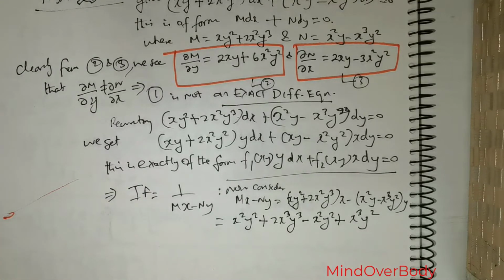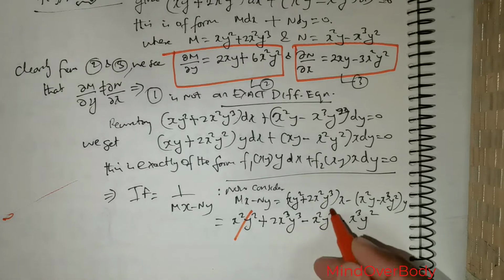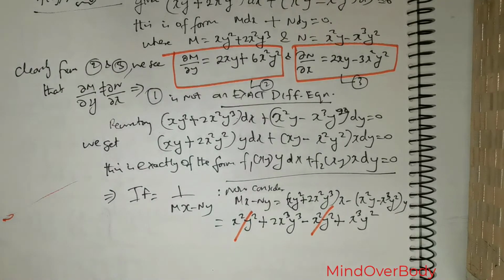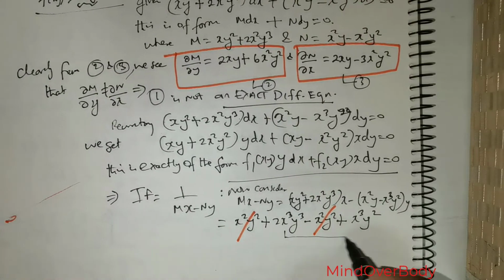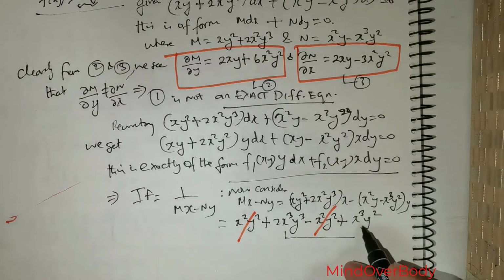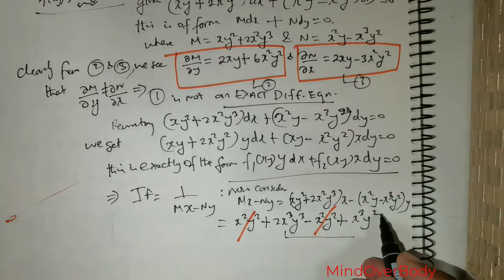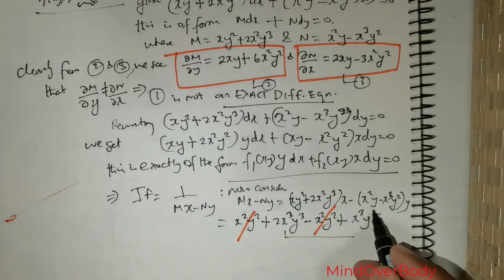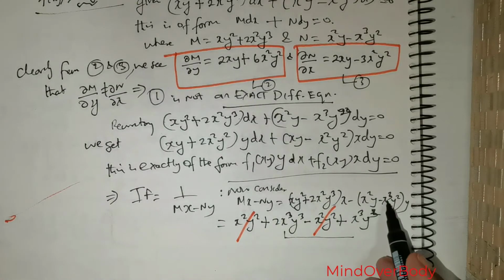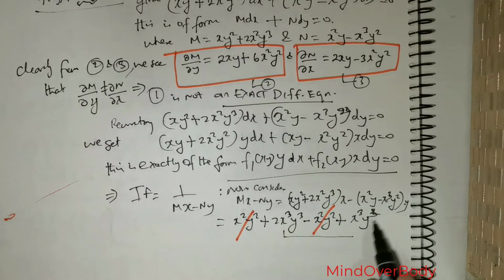Is there anything we can cancel? x²y² gets cancelled. Now I have 2x³y³, and the other term should be x³y³.